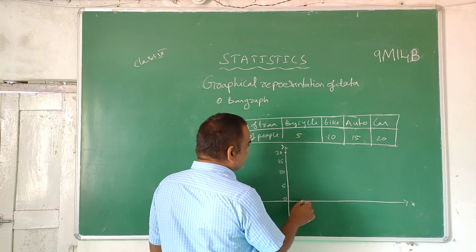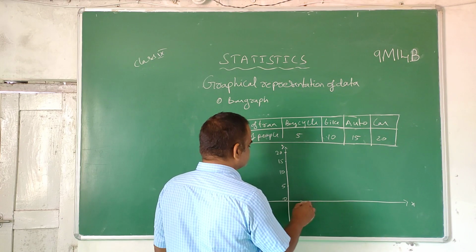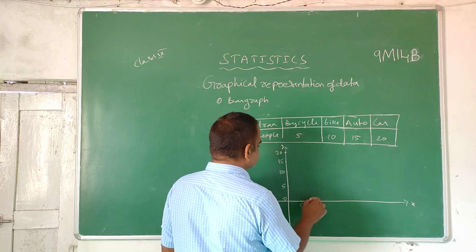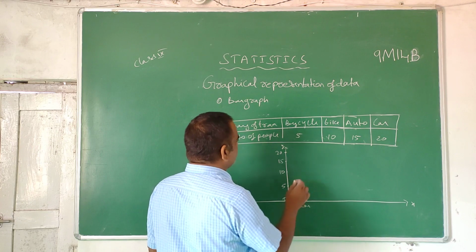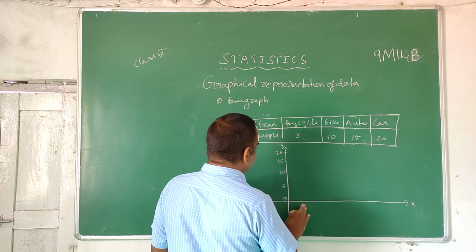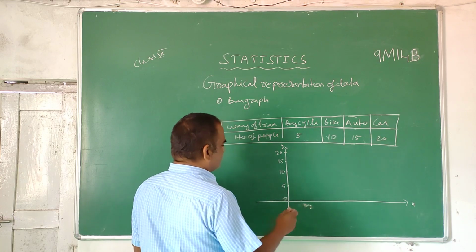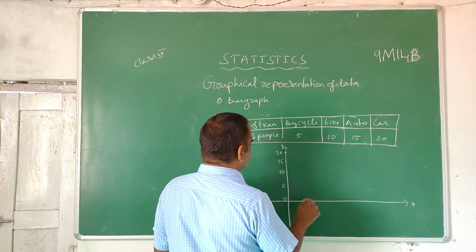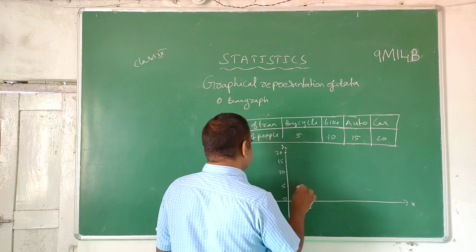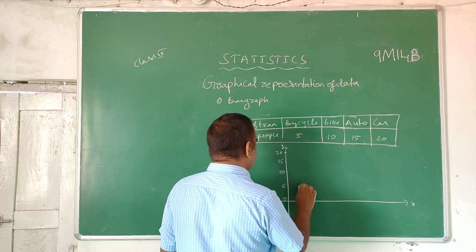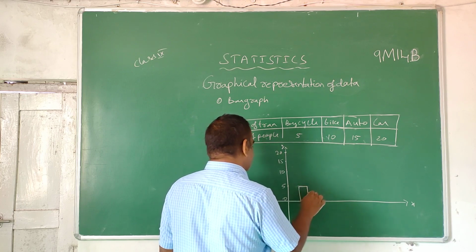Now say this is car. First let us begin with bicycle. Bicycle, how many are using? 5. So here just take a rectangle. Bicycles are used by 5 people in that locality.